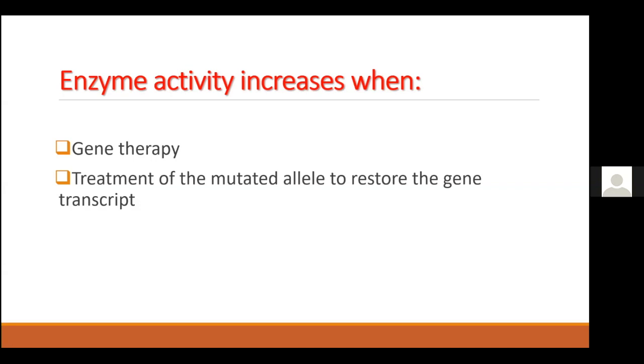The second option is this: we have found, in almost 30% of APBD patients, a specific mutation in the intron that prevents the synthesis of the normal message needed to make the protein. And this message can easily be corrected by antisense oligonucleotides. So these two treatments are expected to increase the enzyme activity.